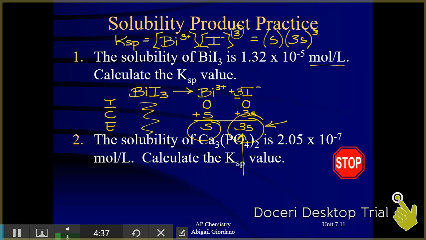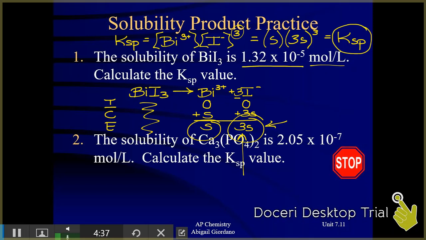All right, and we are supposed to find a value for Ksp. This is my unknown. Well, ladies and gentlemen, this number right here, that is S. So if we plug that number in for S, be careful of your order of operations here.